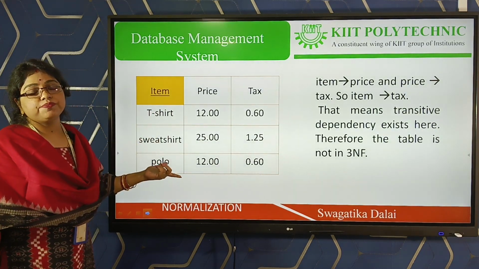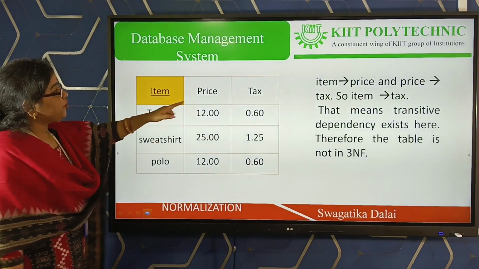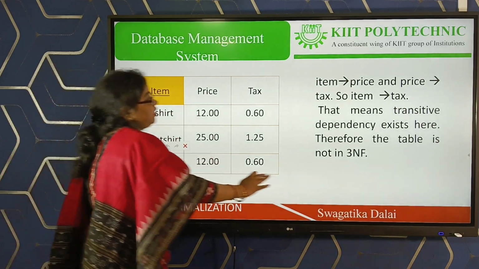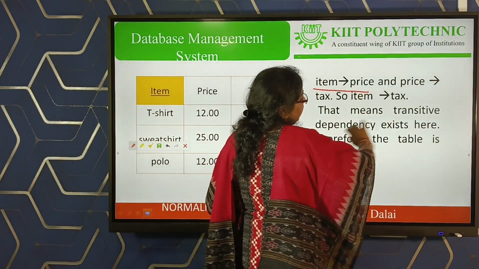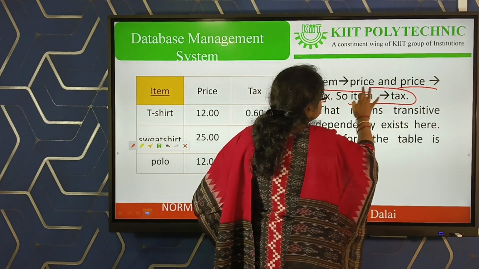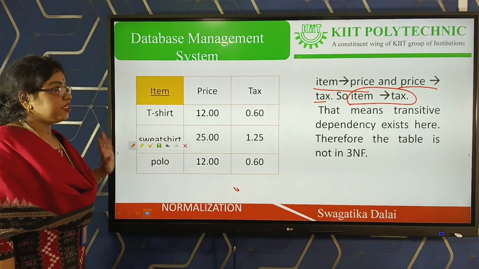Now we check for transitive dependency. Here you can see item determines price and price determines tax. So item determines tax. That means transitive dependency is present here.